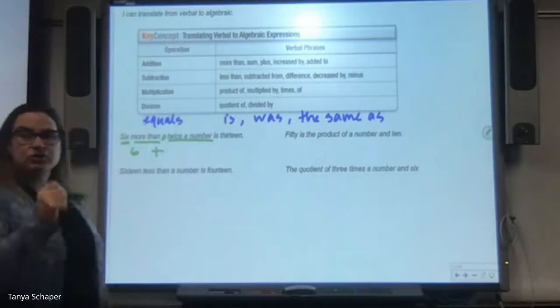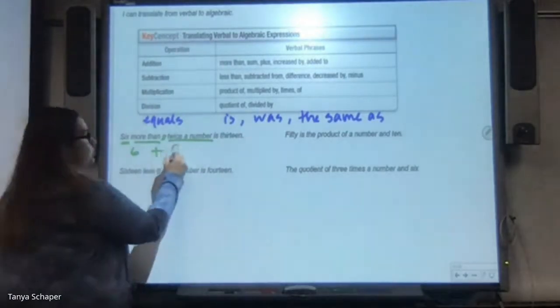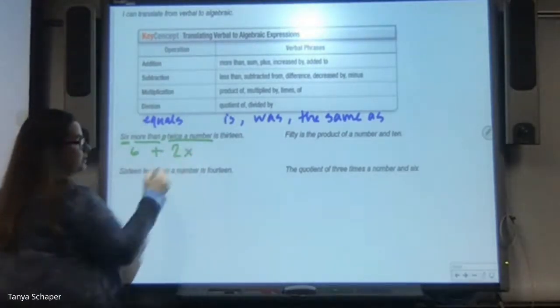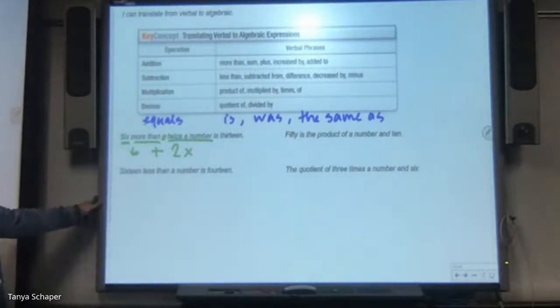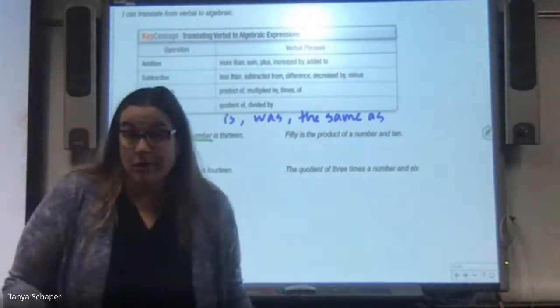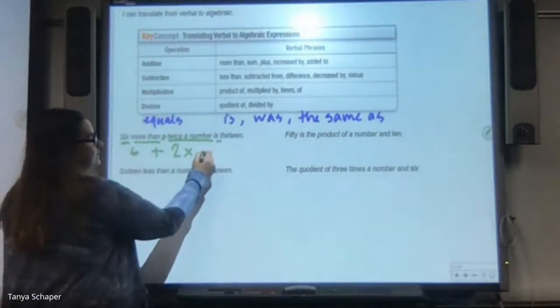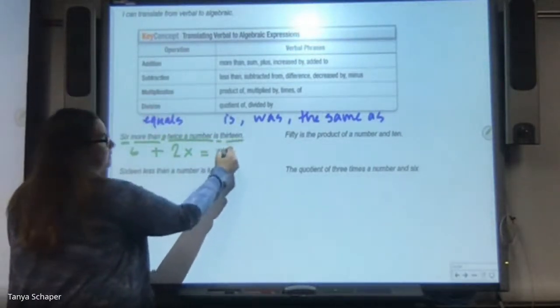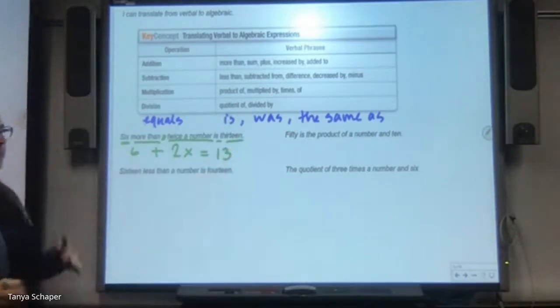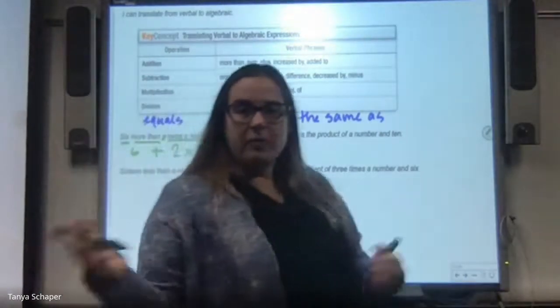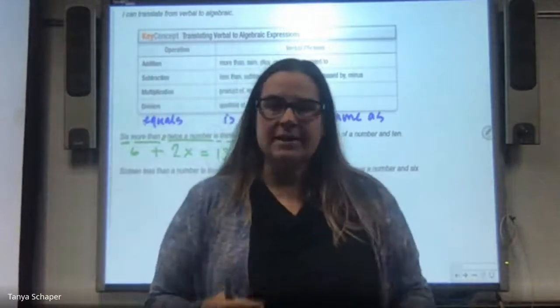Twice a number means 2 times. So 2 times a number. I don't know the number, so I'm going to put an X or an N or an R or a T, whatever you want to put down, is 13. And when we go through that process of going from verbal to algebraic, go step by step by step.